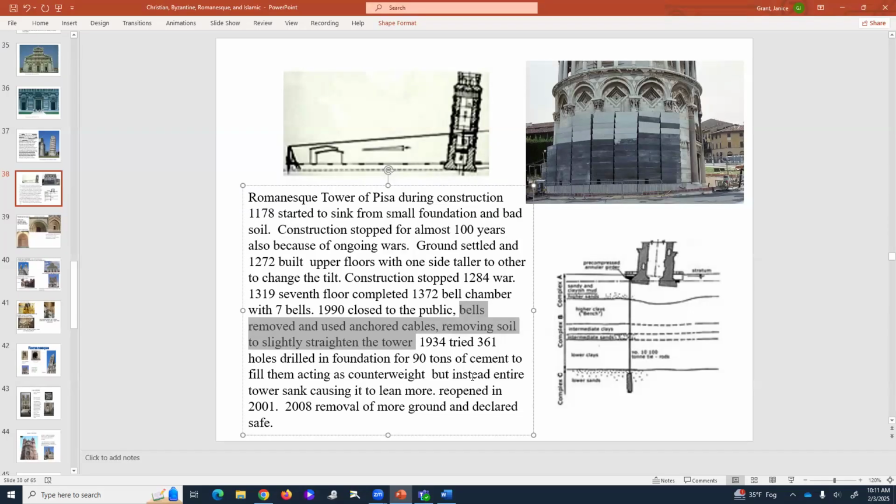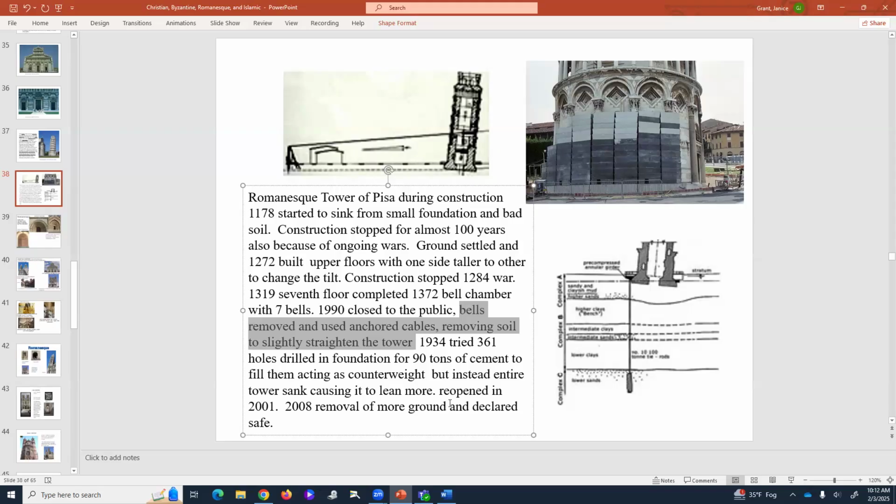So first they added more weight, then they used cables and removed soil. In 1934, they drilled 361 holes in the foundation and filled them with 90 tons of cement, acting as a counterweight. But instead, the entire tower sank, causing it to lean even more.